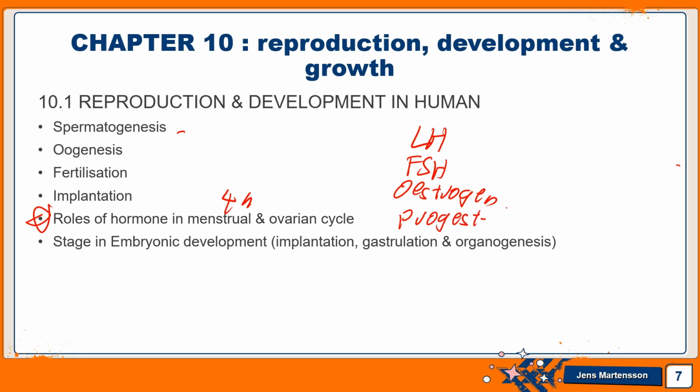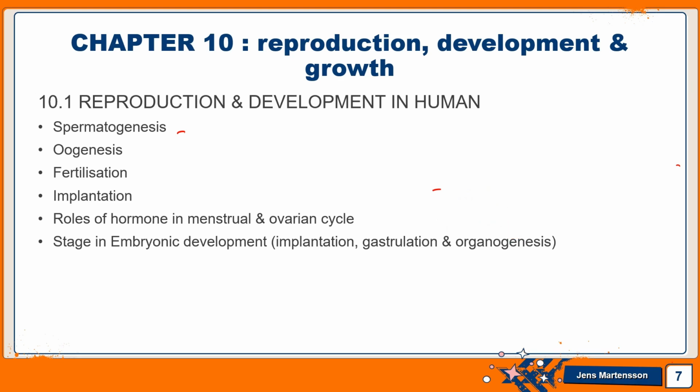And the menstrual cycle graphs, you also have to learn. But in this topic, I think your teacher will not focus too much because it was already learned in SPM. If you have forgotten it, you can refer to your SPM books.